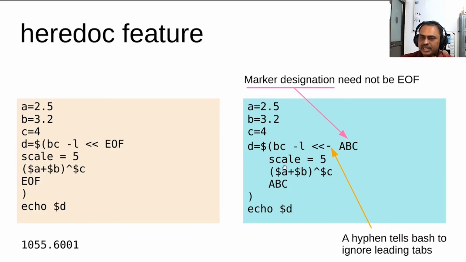So if you want that to be ignored, then it's important for you to mention that there is a minus sign there so that these are all ignored. And then the marker can be anything else. So you can write it as EOF or anything else. And you can indent the marker also because you have given the minus sign here. So both these scripts will do the same thing, and we can just try that out right away.